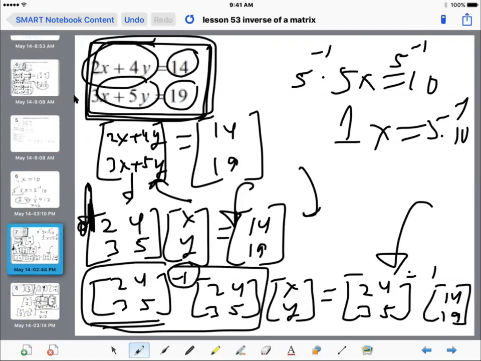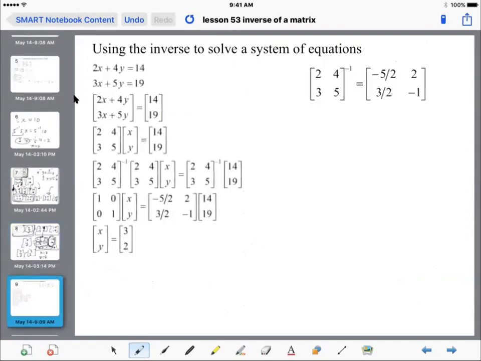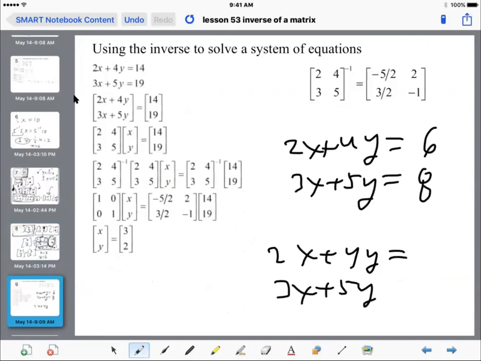Well, once I have it, I can answer questions besides this one. I could also answer any question. Imagine I had 2 other numbers here. Or suppose I had to, for whatever reason, do so many problems that all started with 2x plus 4y equals something and 3x plus 5y equals something.